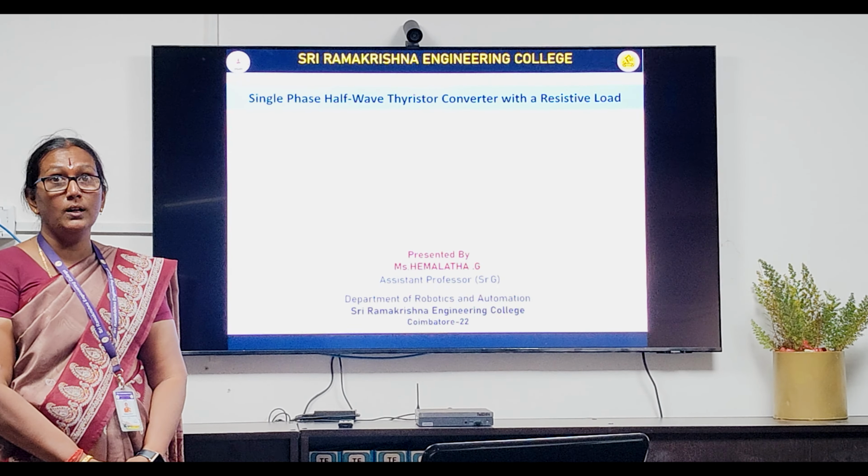Alpha may be any angle, for example 30 degrees or 15 degrees. During the negative half cycle of the supply voltage, the SCR is reverse biased, so there will be no conduction even if the gate is triggered. See the V0: only in the positive half cycle do we get the output. In the negative half cycle there is no output; the output voltage and current are also 0.